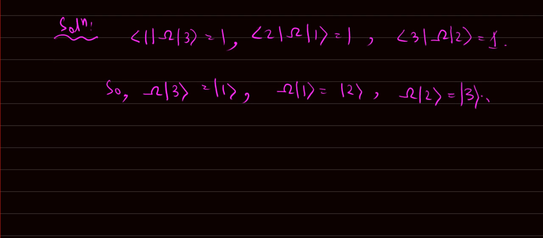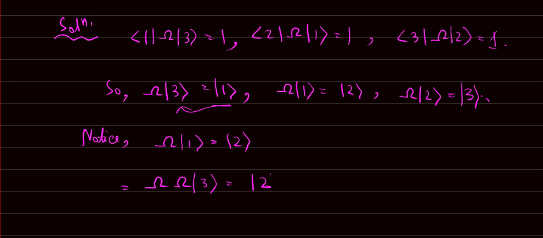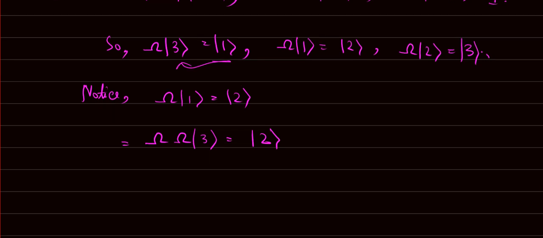So what is the action? So notice, this is given 2. 1 can be written like this also. So we can write omega 3 equal to 2. And again this, omega 3 can be written like this. So we can write omega 2 is equal to the ket vector 2.